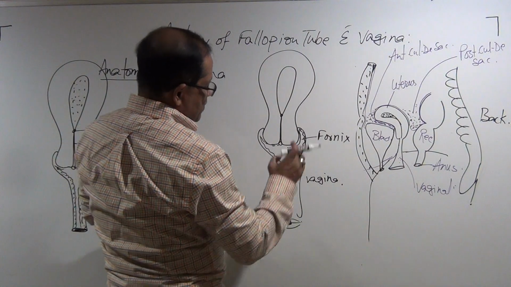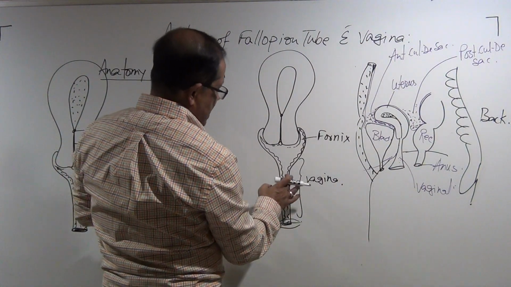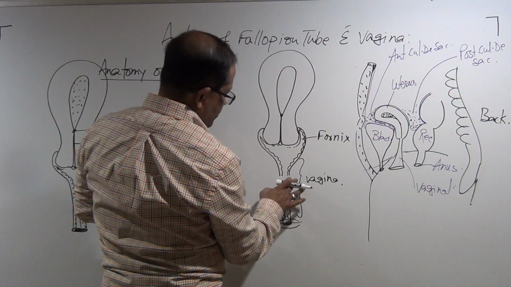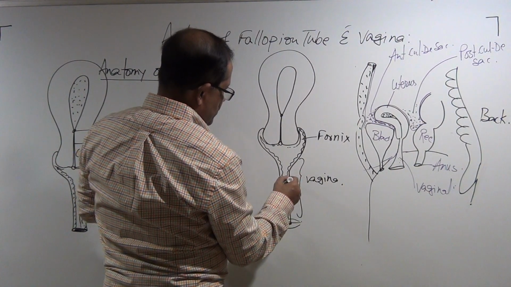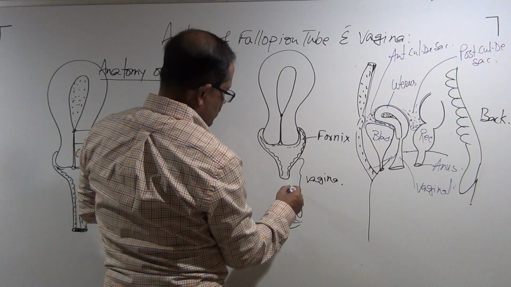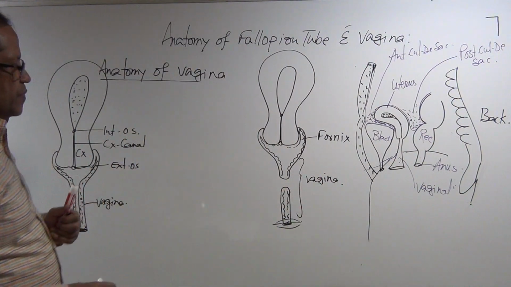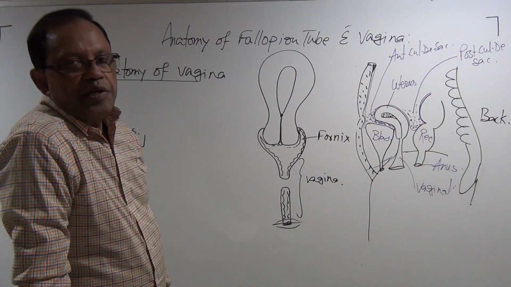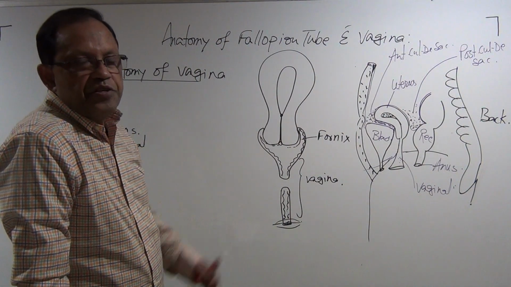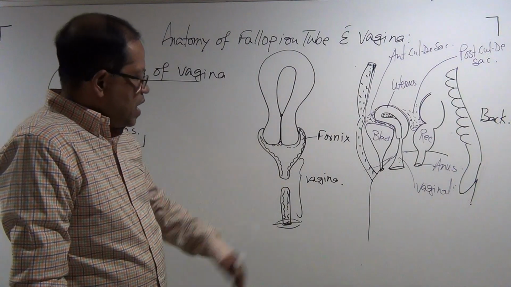But if it happens like that, understand, there's a missing of the vagina, atresia in the middle part.